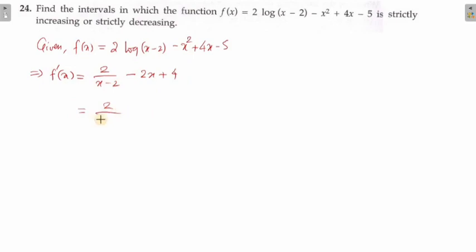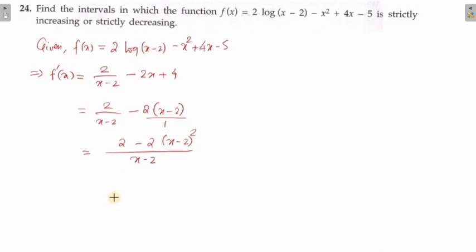Let me simplify this a bit. We have 2 common, so if you write 1 out here, the LCM is x - 2. So this is going to be 2 times (1 - (x - 2)²) over (x - 2), isn't it?